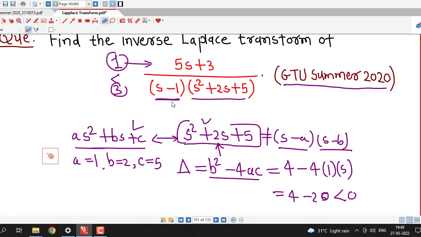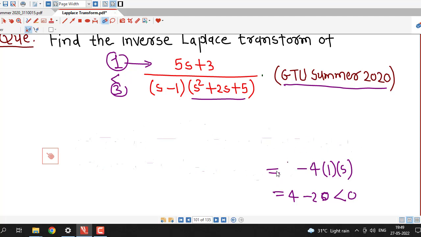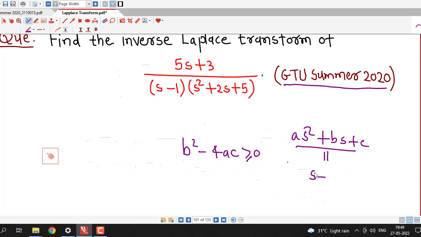So whenever we have a quadratic factor, we have to check whether it is irreducible or reducible, and you can check that by finding the value of delta equal to b square minus 4ac. If b square minus 4ac is greater than or equal to 0, then we can write the quadratic factor as a product of two linear factors, say s minus p into s minus q.